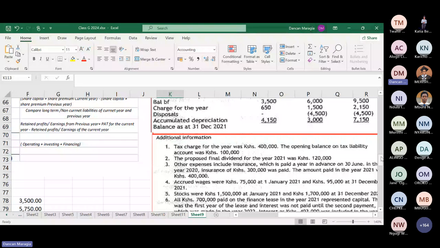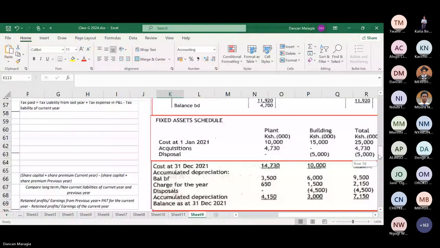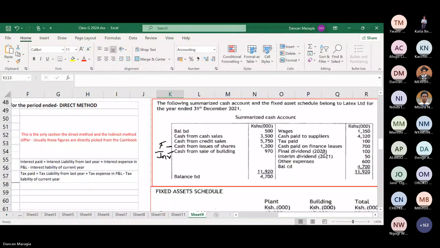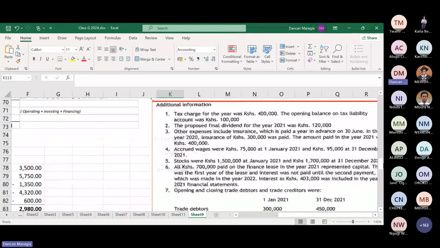So companies will do their own self-assessment, and if before you close your books last year you realize you have done a self-assessment which is lower by 100,000, you are supposed to recognize the liability of 100,000 as an expense in the current period, so that you pay it off.